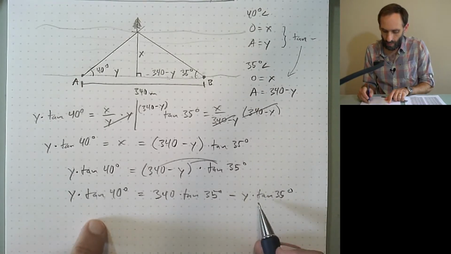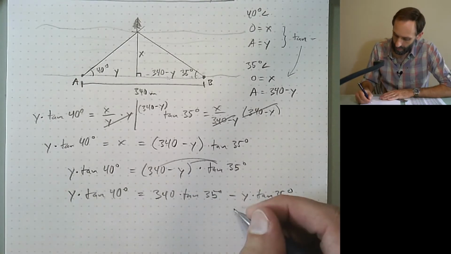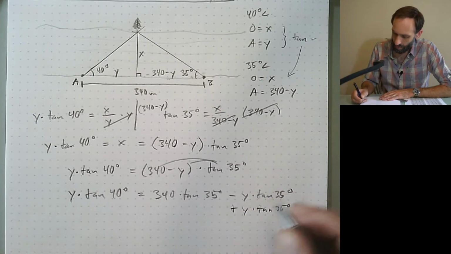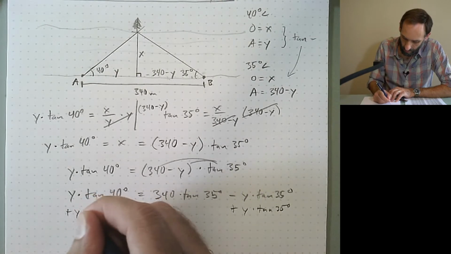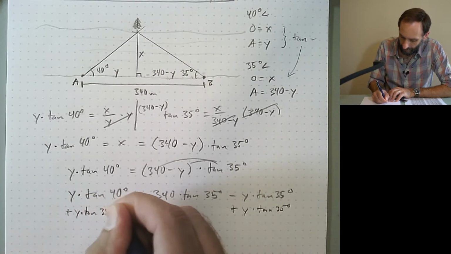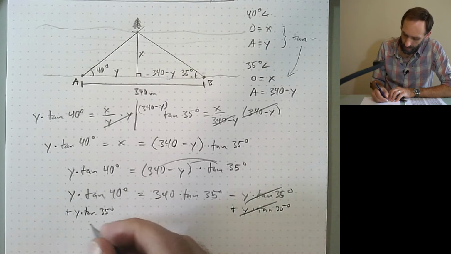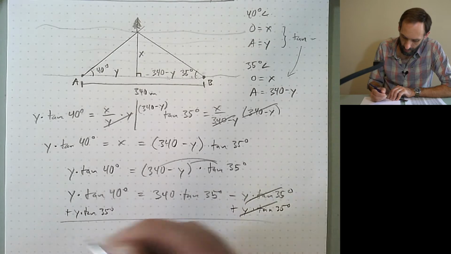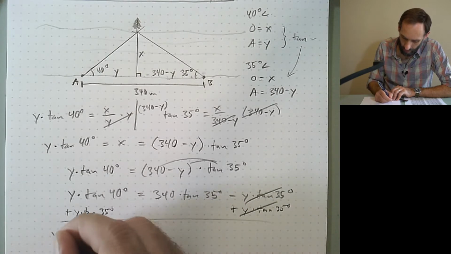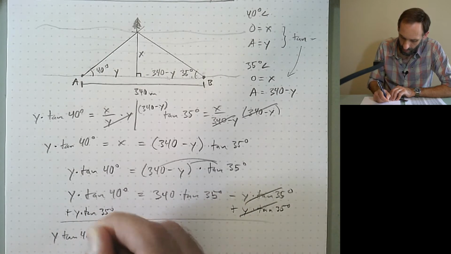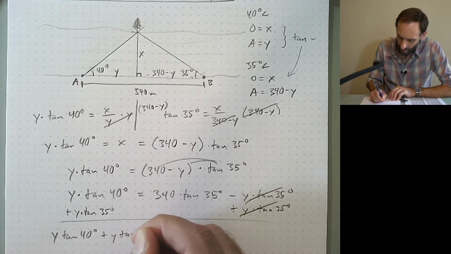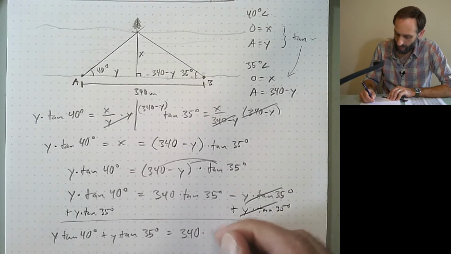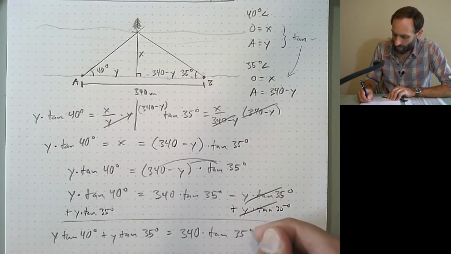Okay, so we want to get the y's all together. So let's add y tangent 35 degrees to both sides. These cancel out, and I get that y tangent 40 degrees plus y tangent 35 degrees is equal to 340 times the tangent of 35 degrees.